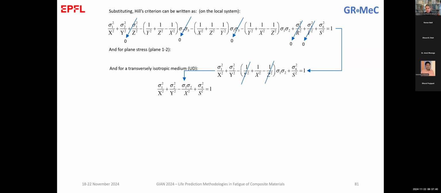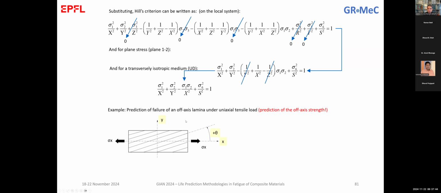And if we do this substitution in the equation, we end up with a simple equation of this type here, that you can also imagine can be defined by simple tests. A tensile test at the fiber direction, a tensile test transversely to the fibers, and a shear test for defining the material properties.